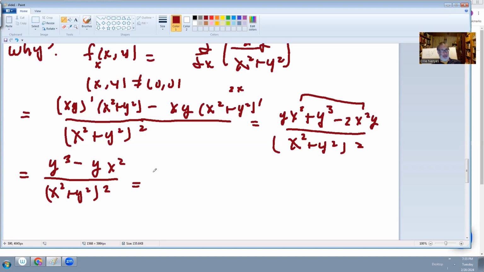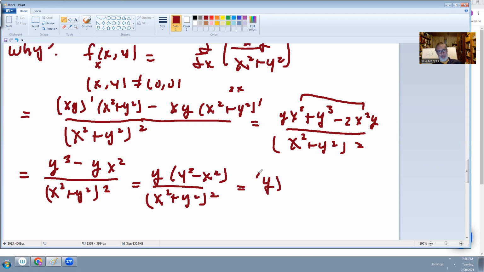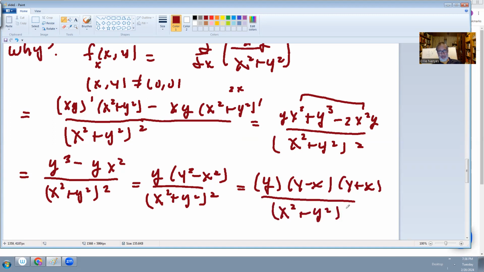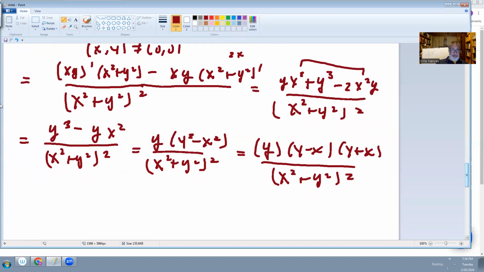And then factoring out a y, we get y times (y squared minus x squared). And then let's do one more factorization, so we get y minus x, which factors into y plus x.